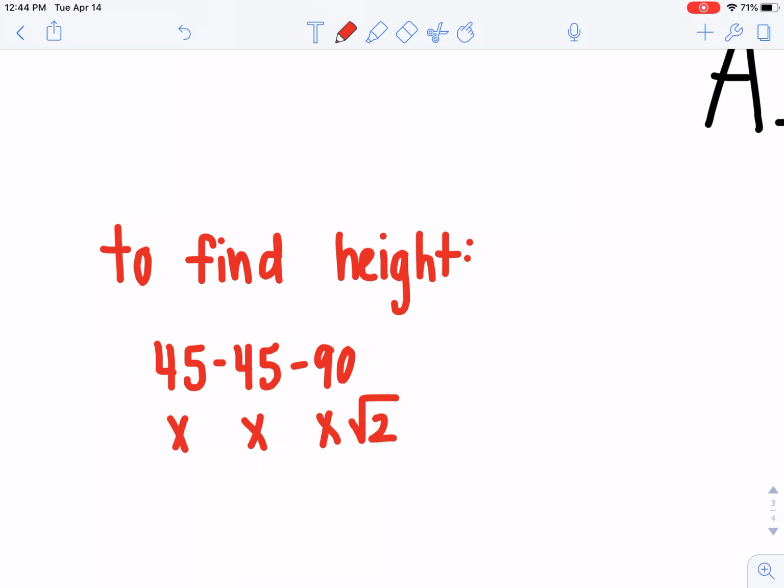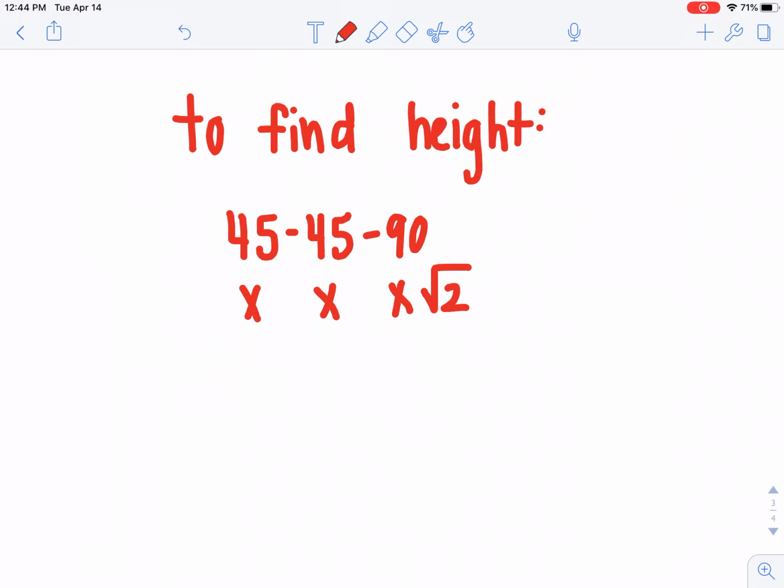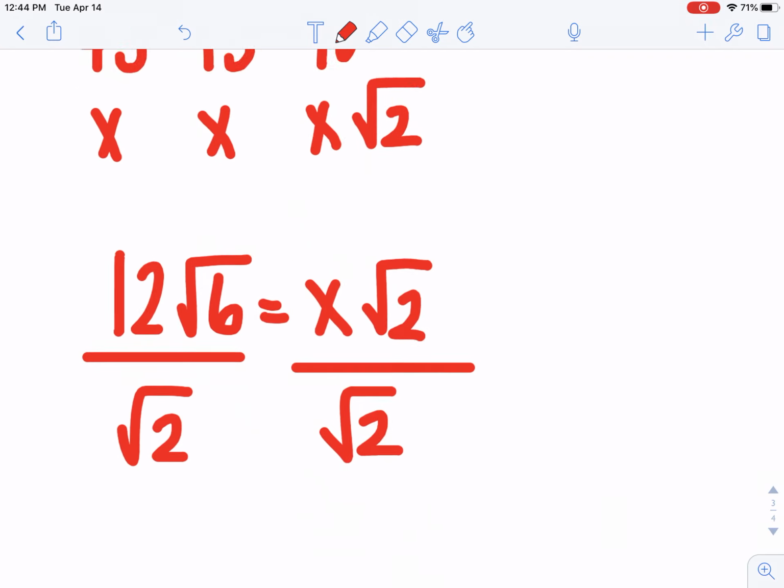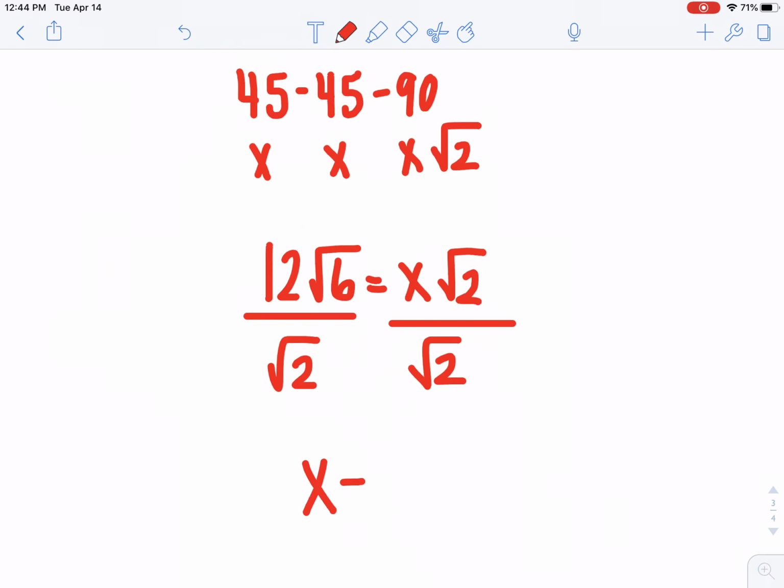Since I was given the side across from my 90, or my hypotenuse, I can set those equal. So 12√6 is equal to x√2. We're now going to isolate our x to figure out our height, and we get that x is equal to 12√3.